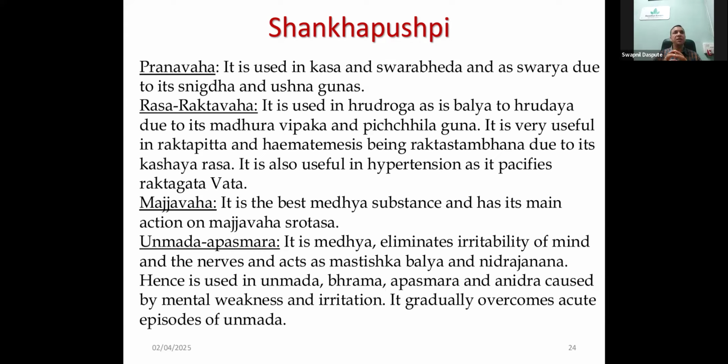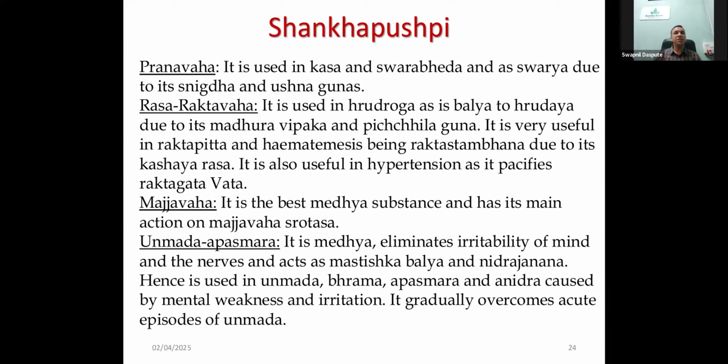Being Raktastambhana due to its Kashaya Rasa. It is also useful in hypertension as it pacifies Raktagata Vata. So this is a specific condition, Raktagata Vata, in which Shankhapushpi will be very helpful.